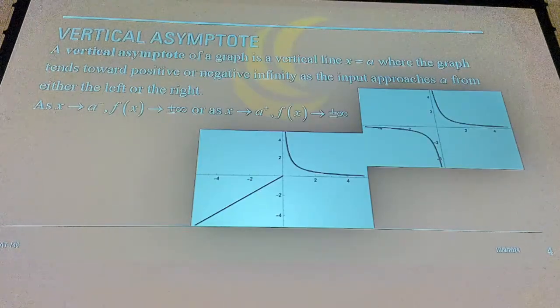Using the language of calculus, which is the better way of defining a vertical asymptote.